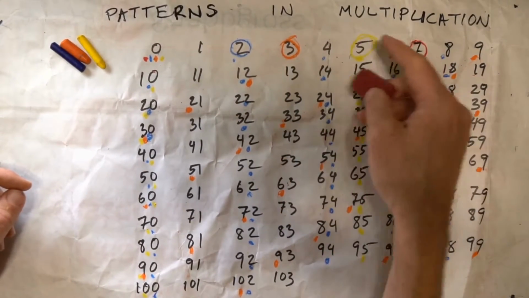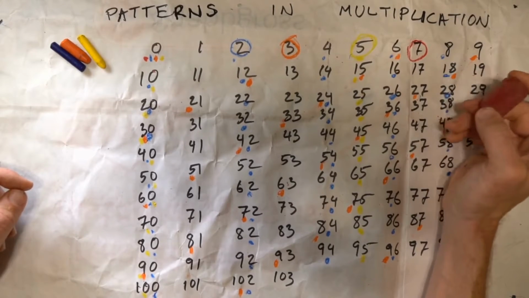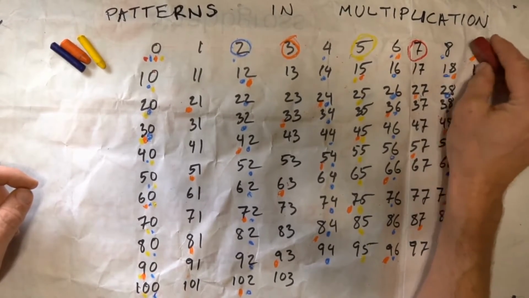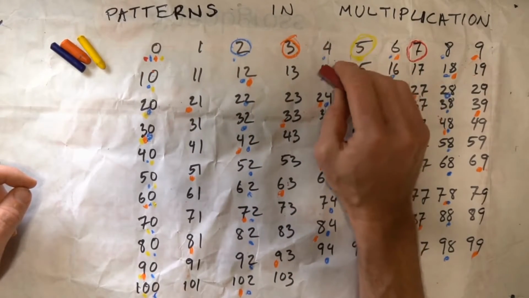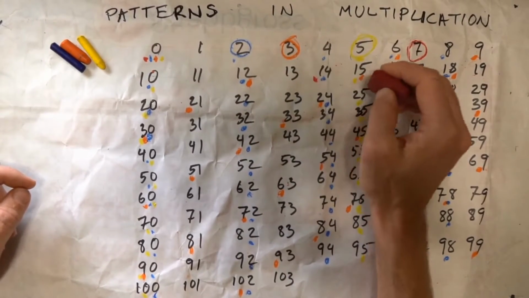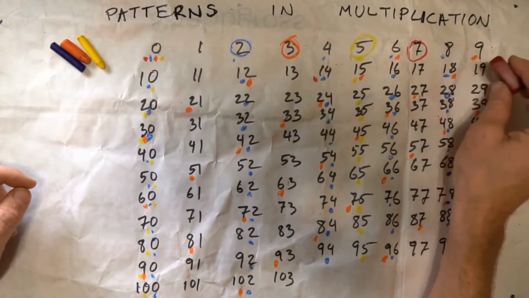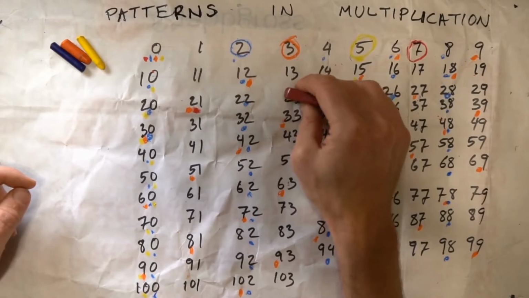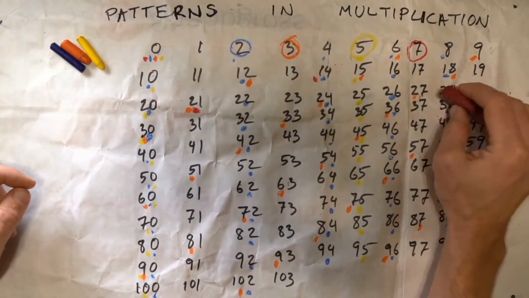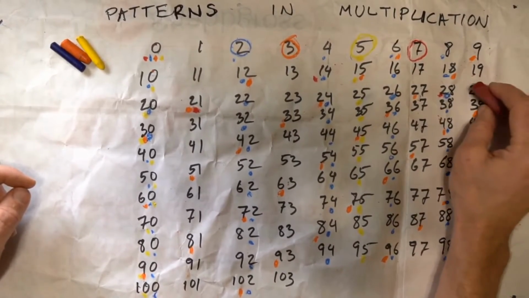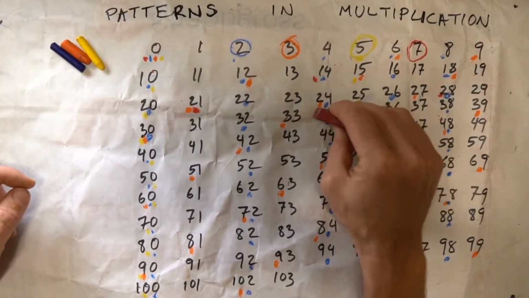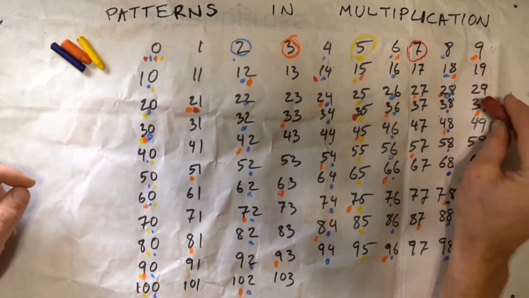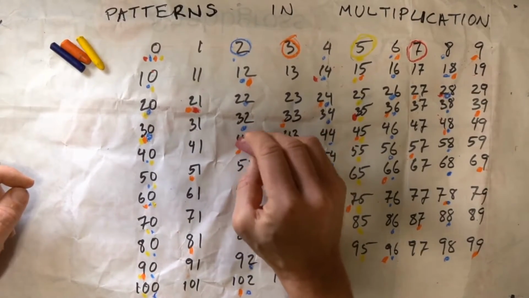You see that it's not orange, it's red. Anyway, 7, 14, 21, 28, 35.